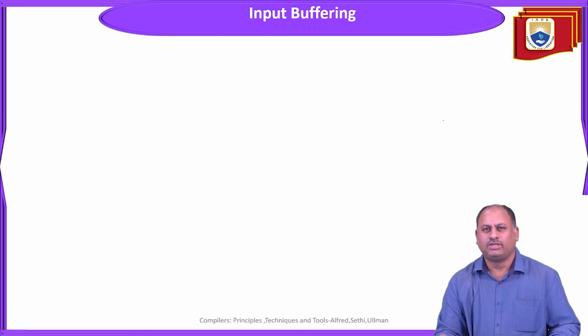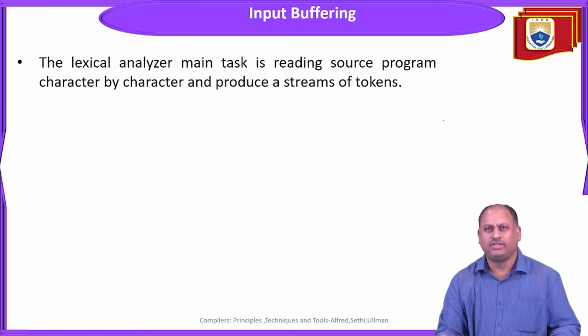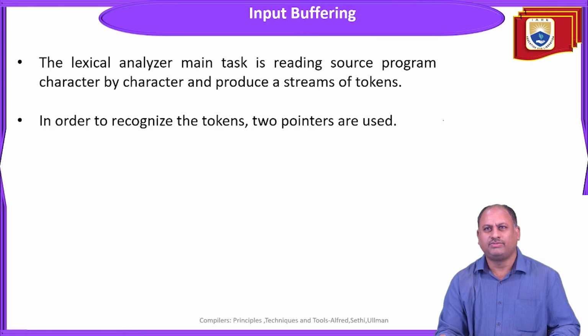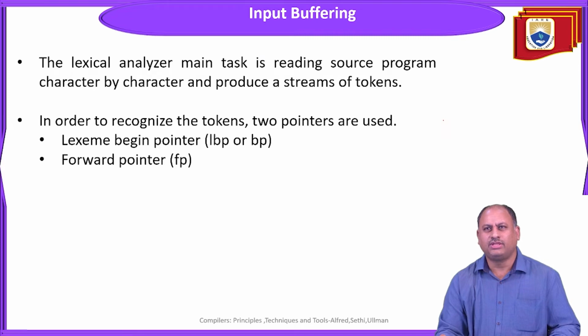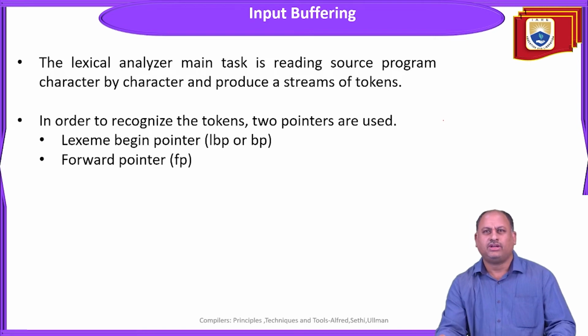One of the most important topics is input buffering: the character-by-character reading mechanism inside the lexical analyzer phase. We already know the first main task of the lexical analyzer phase is reading the source program character by character and releasing the stream of tokens. So how does the reading take place inside the lexical analyzer?